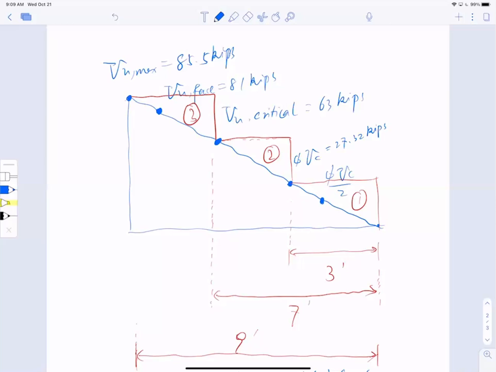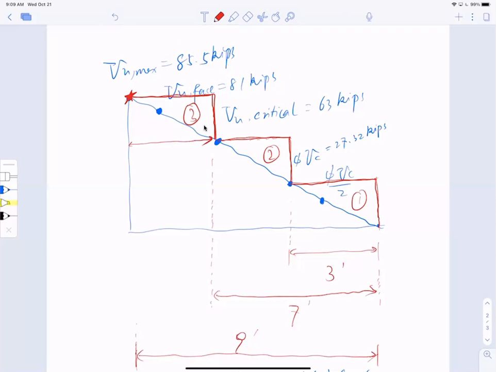So I come up with these red lines. Let me just redraw them to emphasize. What does it mean? It means I am going to pick Vu max for this segment of design.